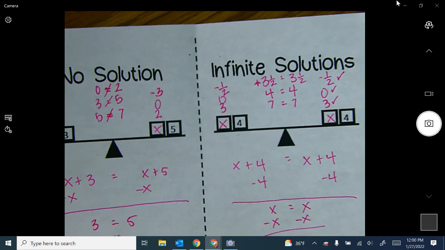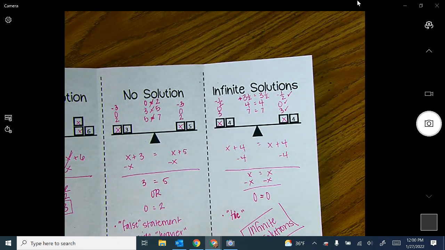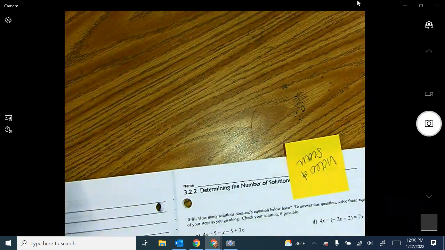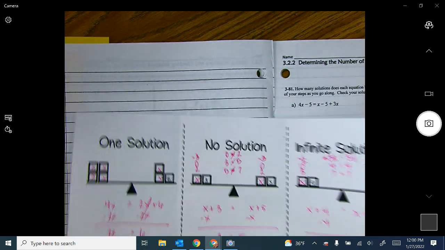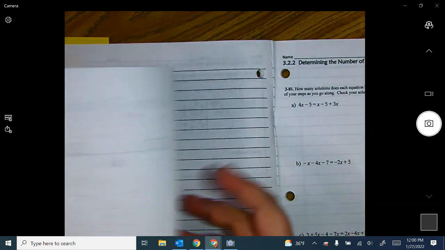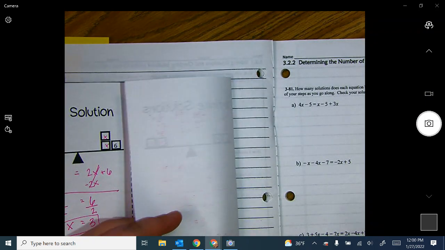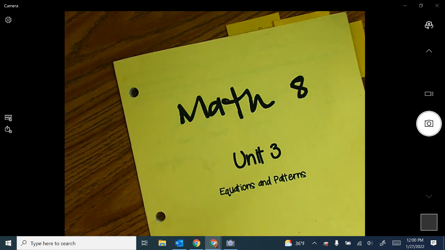Okay, so these are our three special cases. In class, we glued this onto page 26 of our notebooks. So just put glue on the back of the no solution part here. And then we just glued this onto page 26 so that it can still close up inside of your notebook.